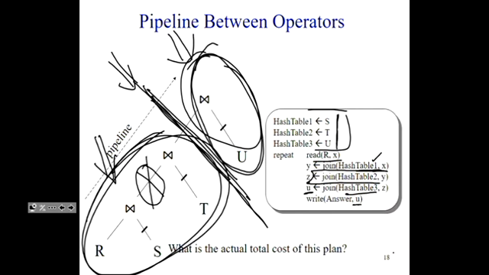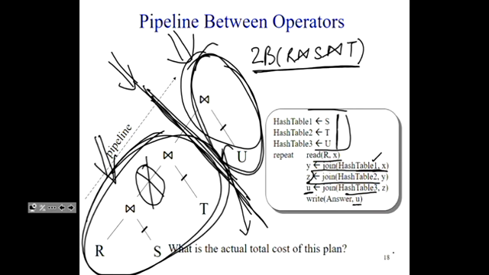And then he said B of R joined with S joined with T. But it's not just one of this. It should be two of this because you're writing it out once and then you're reading it back in from disk. And therefore, the cost of intermediates here is 2 of B of R joined with S joined with T. And that's the only intermediates cost. Okay, because this intermediate, there is no cost because you're pipelining through that.